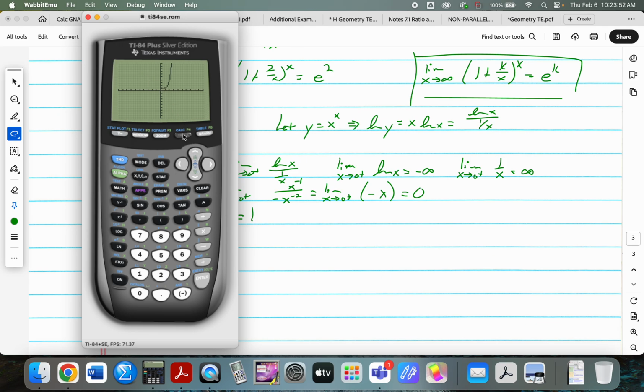And if I do a little tracing, okay, at 0 it doesn't exist, but if I'm really, really close to 0 to the right of that point, 0, 0, 0, 0, 0, 1. That's really, really close to 1. Love it when those come out that way. You're like, oh, hey, look, that is what it looks like. All right, any questions? Okie dokie.